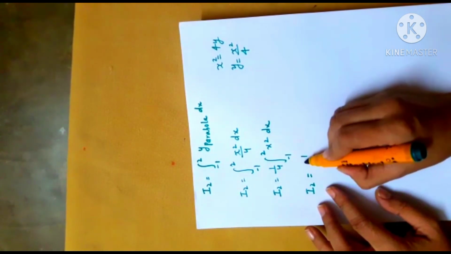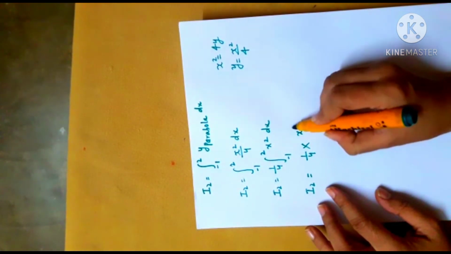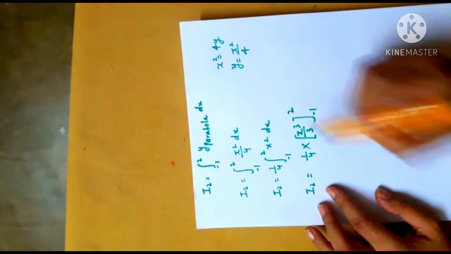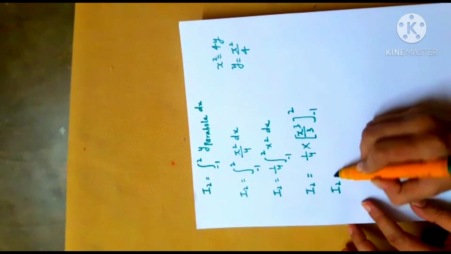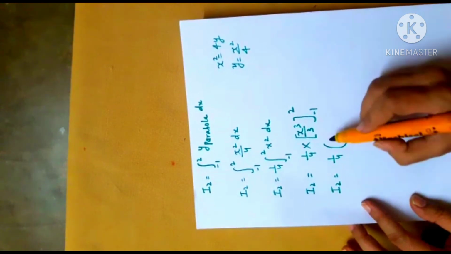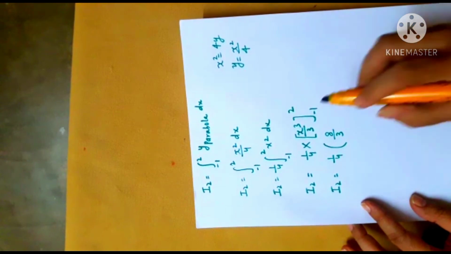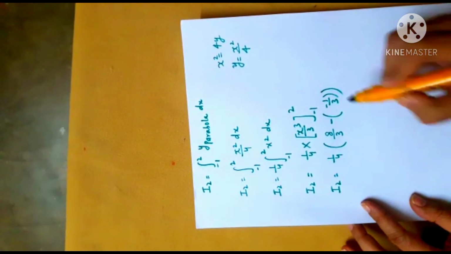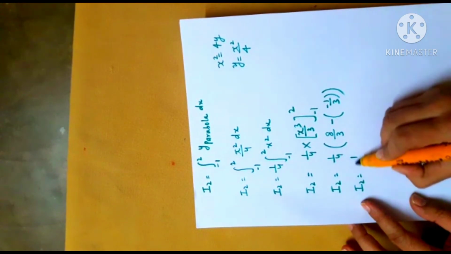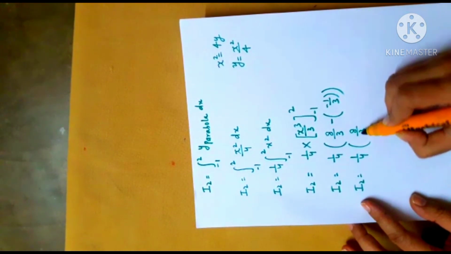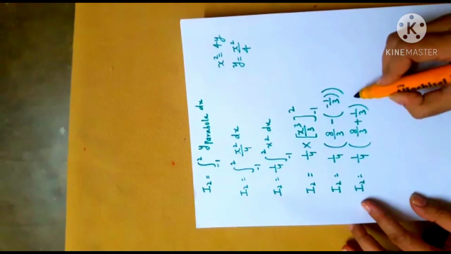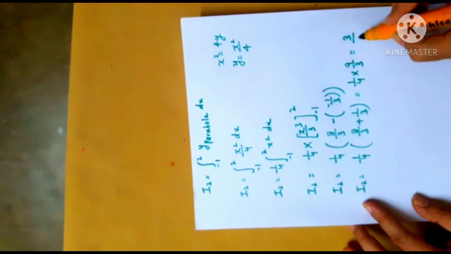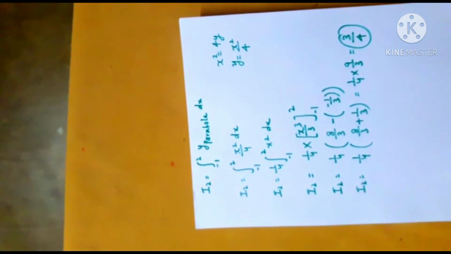This integral is x cube over 3 within the limits minus 1 to 2. So I2 will be 1 by 4, value at the upper limit 8 by 3 minus value at the lower limit, which is minus 1 by 3. So I'll get I2 equals 1 by 4, 8 by 3 plus 1 by 3. That is 1 by 4 into 9 by 3. That is 3 by 4.